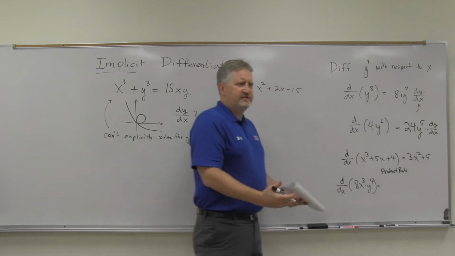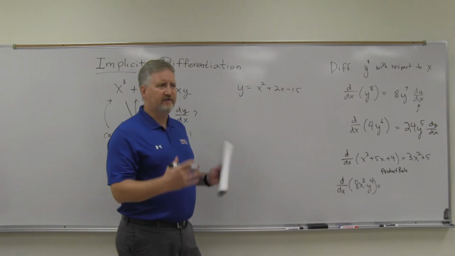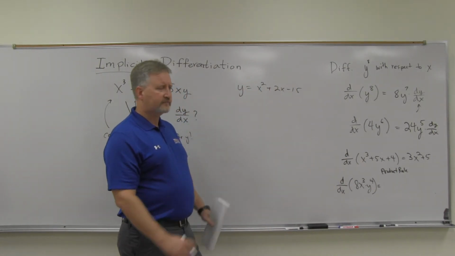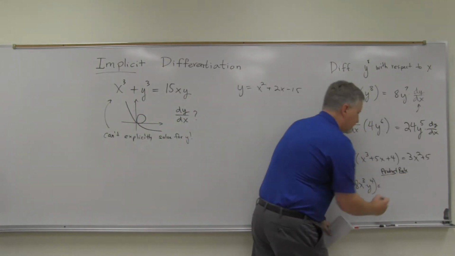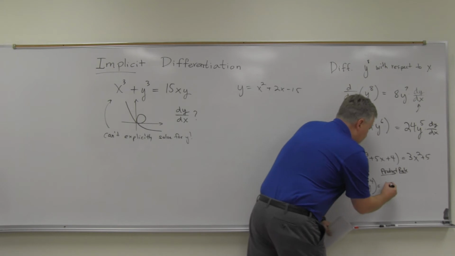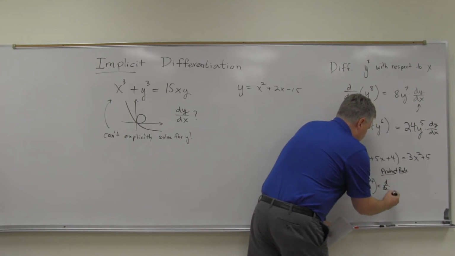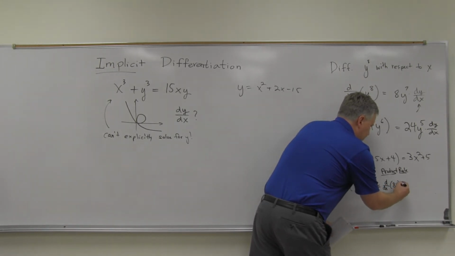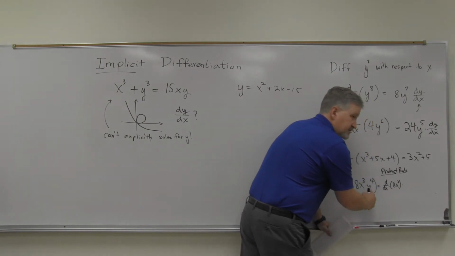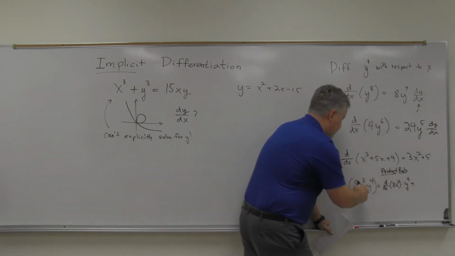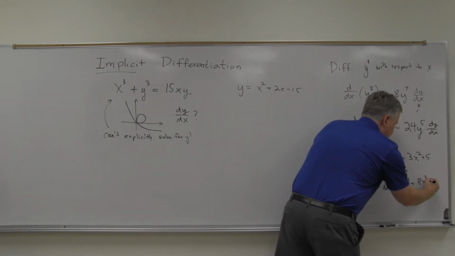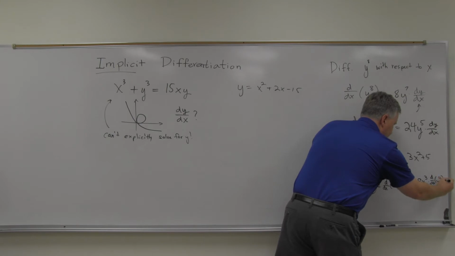And you don't necessarily have to write it all out like this, but let me just show you out here what this is going to mean. So I've got to use the product rule in this. So I need to do the derivative with respect to x of 8x cubed times just the y to the 4th, and then alternate that, do the 8x cubed times the derivative with respect to x of the y to the fourth.